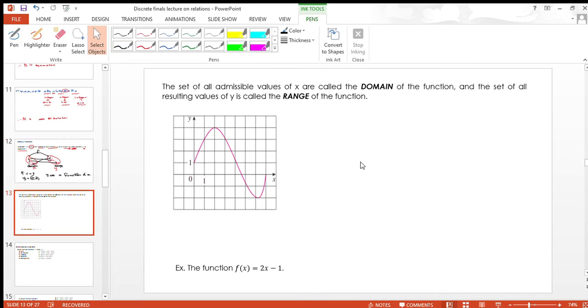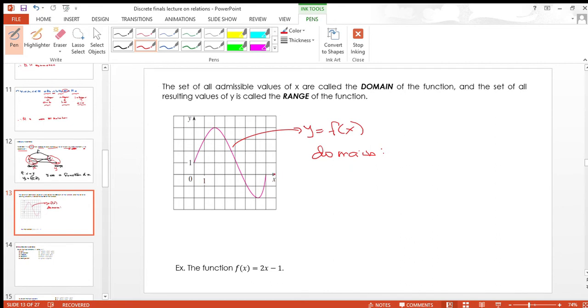If we look at this graph, let's say it is given by y being a function of x. Each ordered pair in this graph would be an element of our function. If we want to consider the domain, since y is a function of x, we look at all permissible values of x.